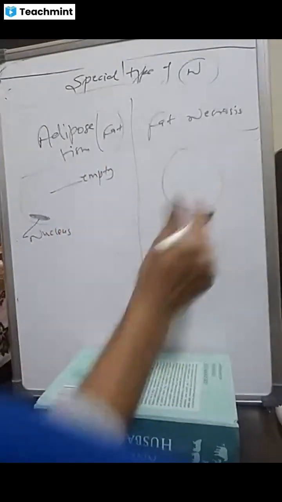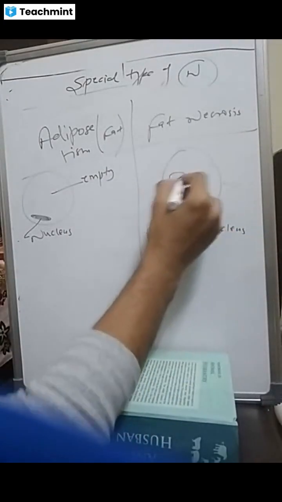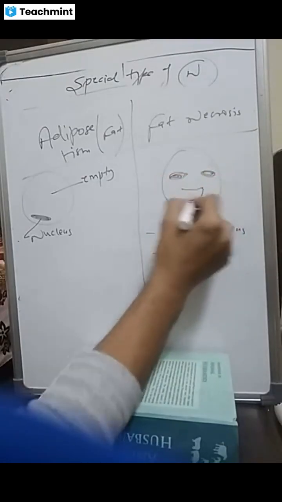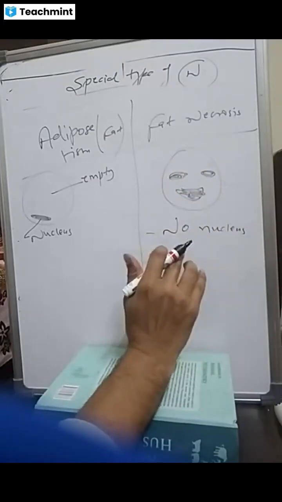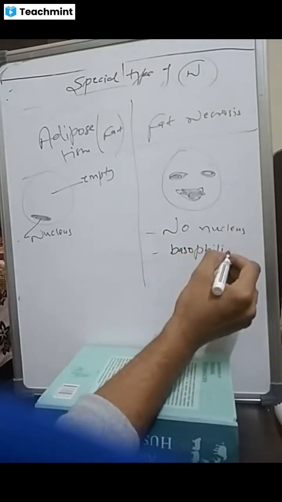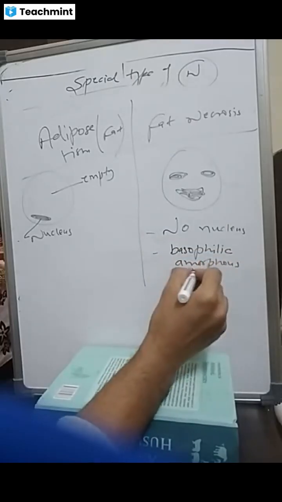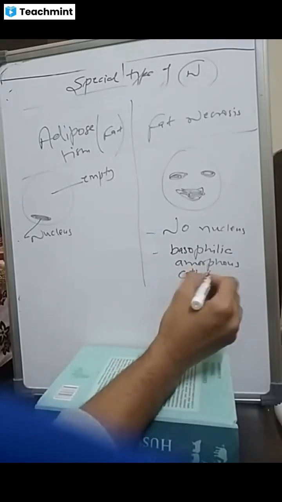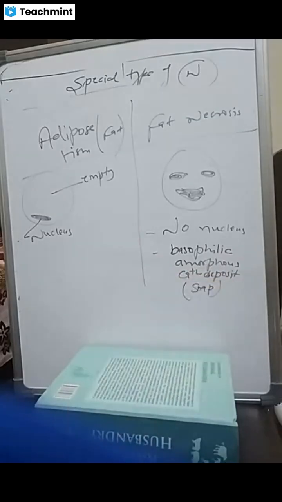But here you will find no nucleus because of necrosis, but these three, one, two, three, they are basophilic, amorphous without any morphology, calcium deposit, which are also called soap deposit. So this is enzymatic fat necrosis.